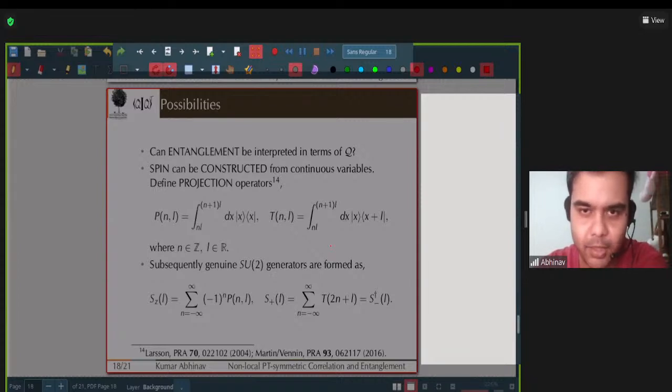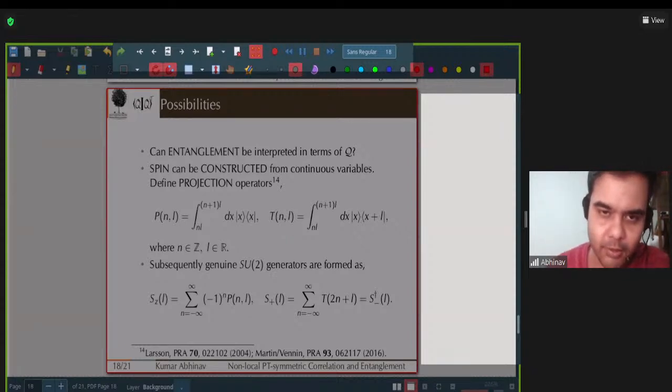With this conserved correlation in a continuous system, it is really difficult because you don't know how to construct the C operator given a potential in a general way. That depends on the system. But there is a formulation, given in this paper that I'm mentioning at the bottom. You can construct a spin algebra out of continuous variables, any continuous variable.